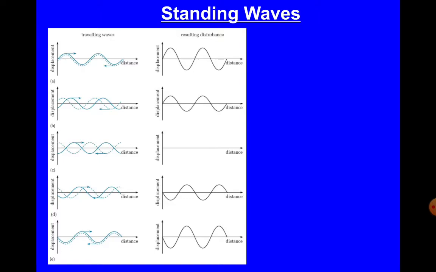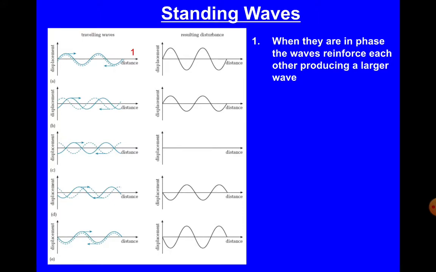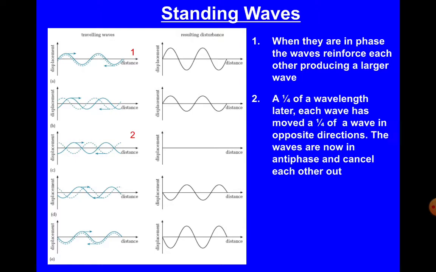Depending on the phase difference, we will see whether it's a complete destruction or a complete construction. So, in one, they are in phase and the waves reinforce each other.